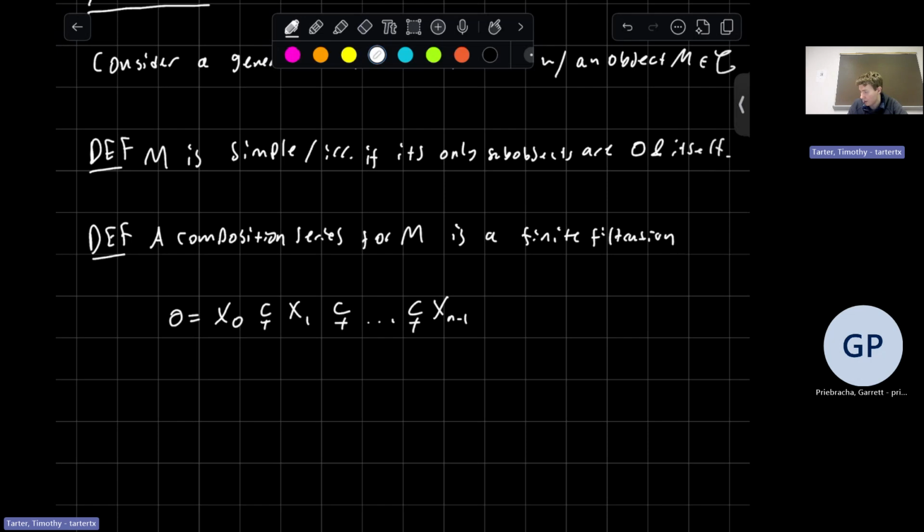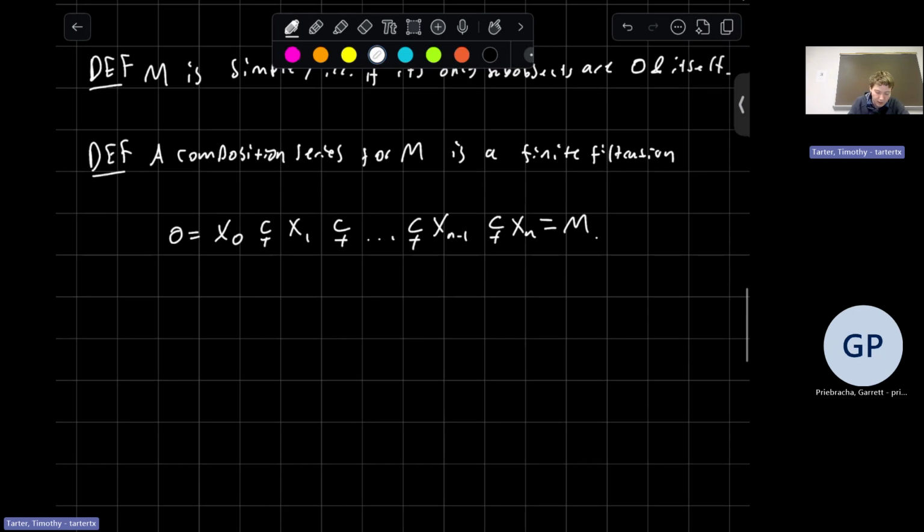Otherwise, it could be a non-finite filtration. And then such that the quotients X(i+1) mod X(i) are simple.